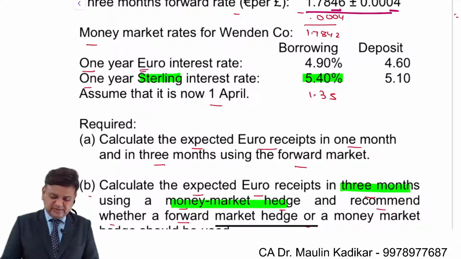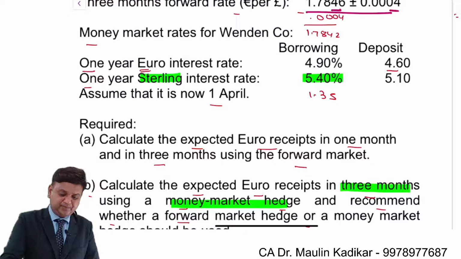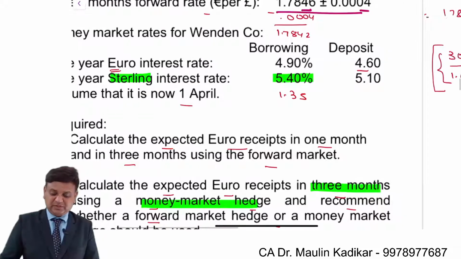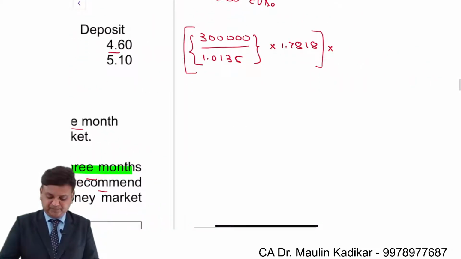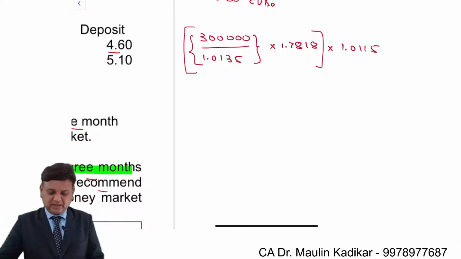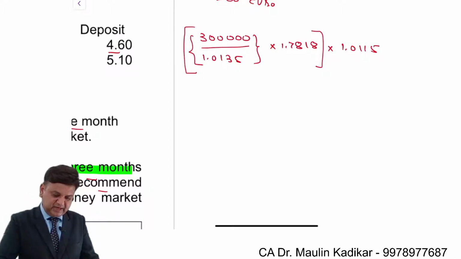For the euro currency, the per annum rate of interest is 4.6. So for 3 months it would be how much? 1.15%, so 1.0115. And this is the way we can get the answer. So we can say that over here 3 lakh divided by 1.0135 into 1.7818 into 1.015.